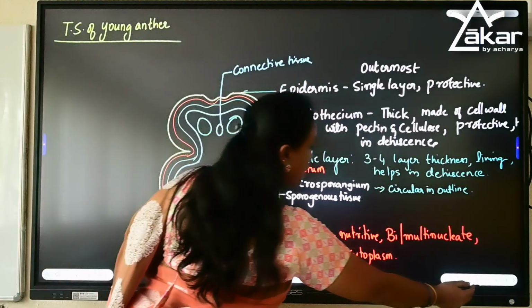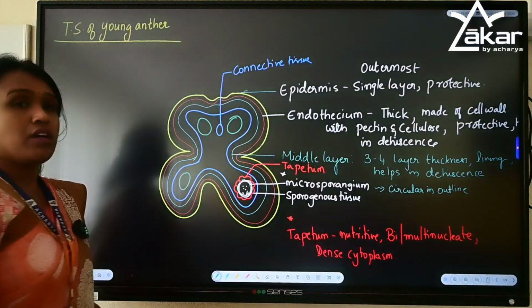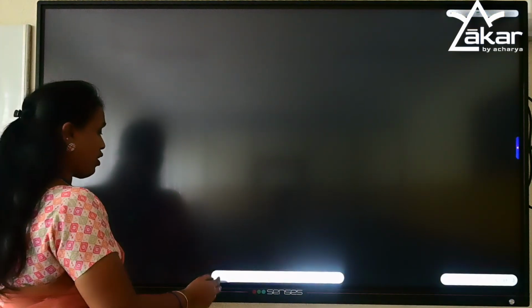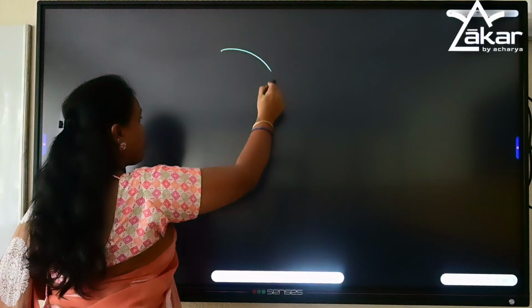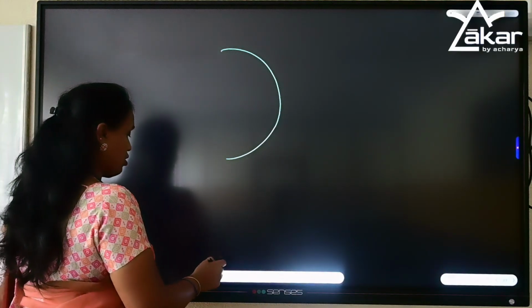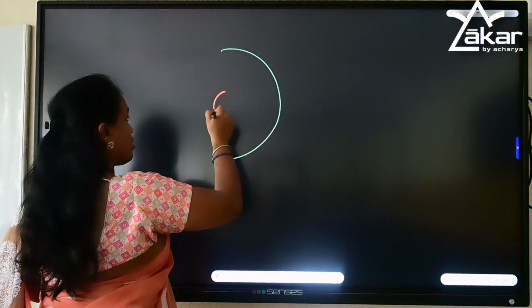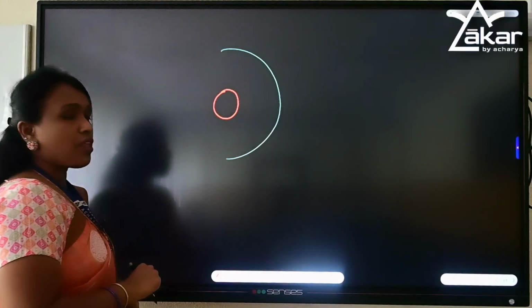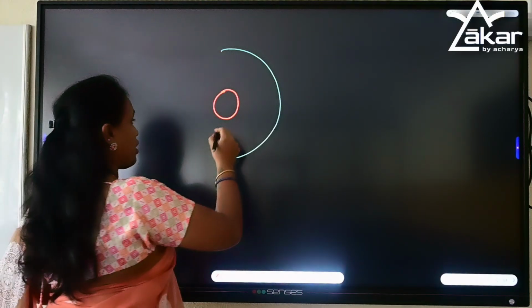In the next page we are going to study the enlarged portion, just how to draw the diagram. Write an inverted C, then our sporogenous tissue present in the microsporangium.